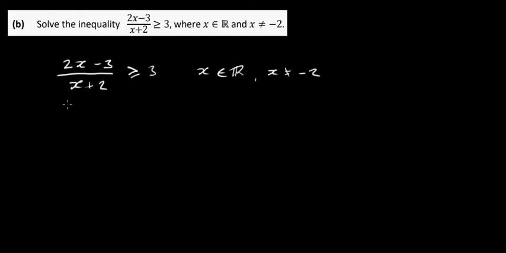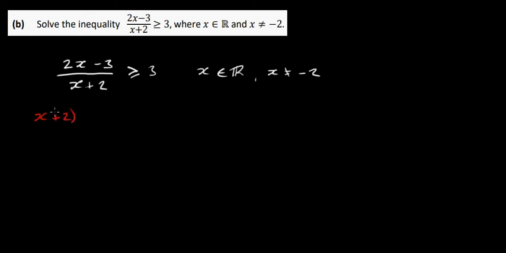But I don't know what x is, so I can't just simply multiply across by x plus 2, because I don't know that x plus 2 is positive or negative. So I need to multiply across by something that I know is positive or at least equal to 0. So what I'm going to do is multiply across by x plus 2 squared. That will work for us.